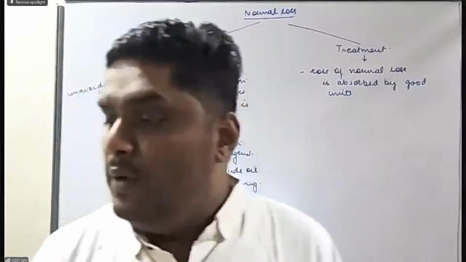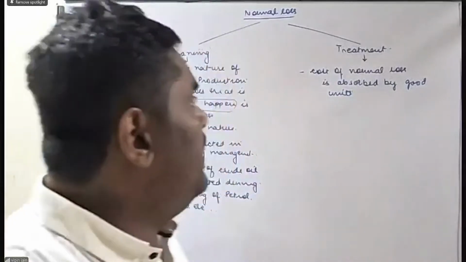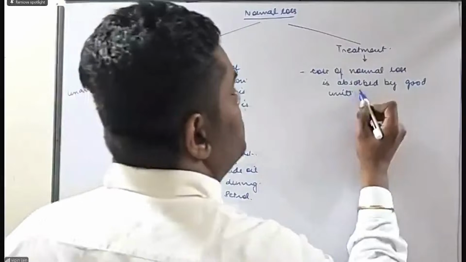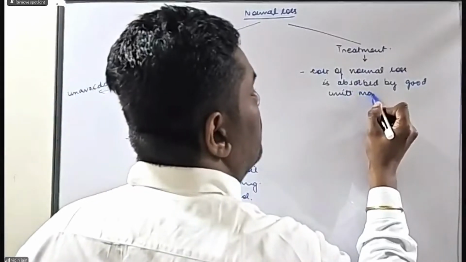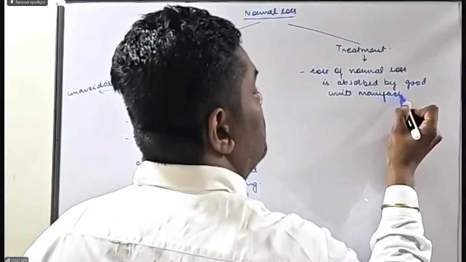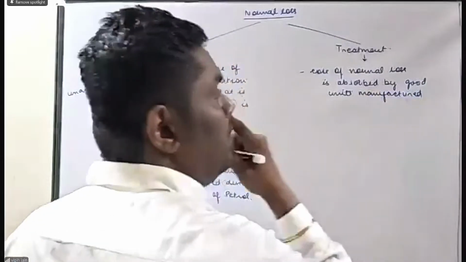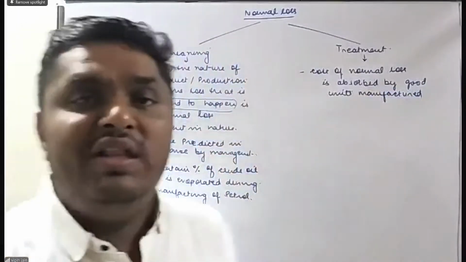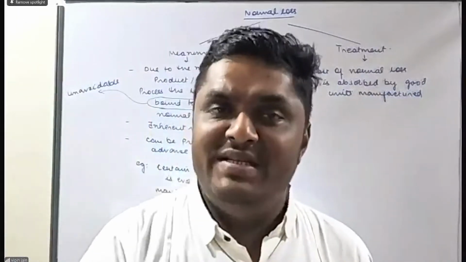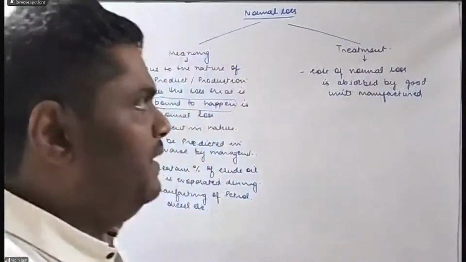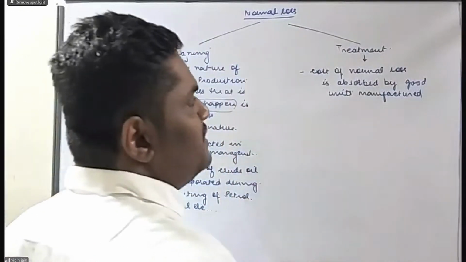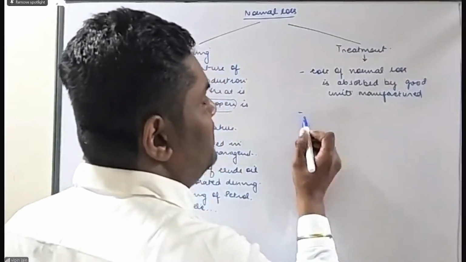The cost of normal loss is absorbed by good units manufactured or produced. In short, the product cost is inflated. I'll be discussing this part with the help of an example.